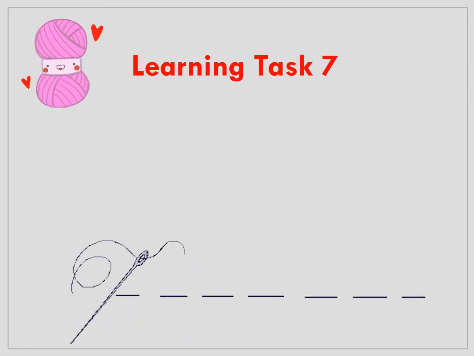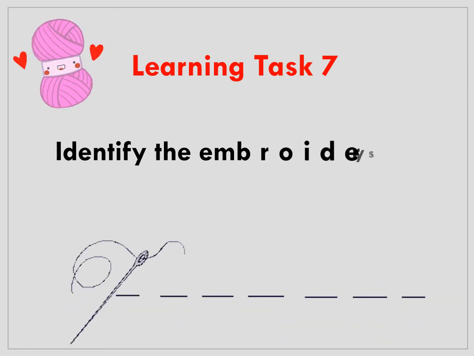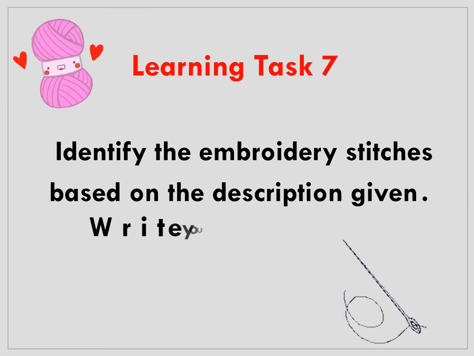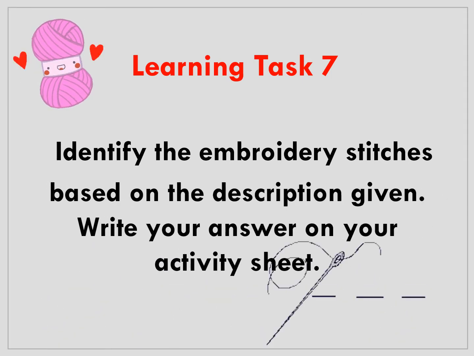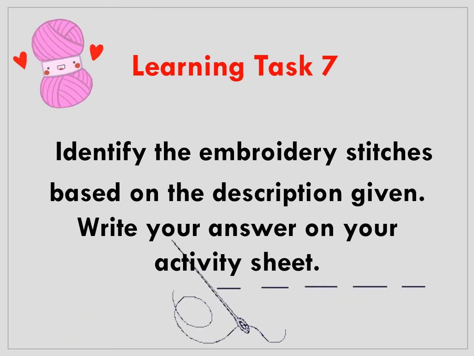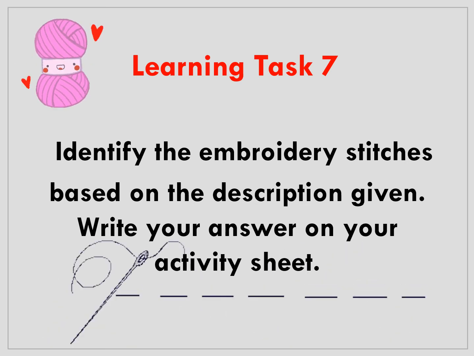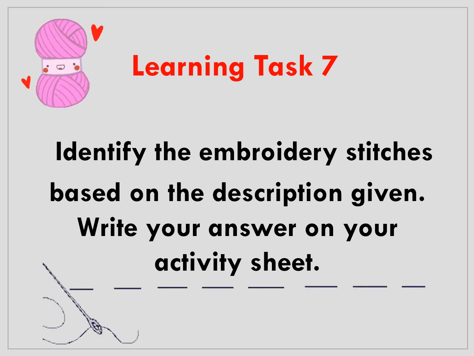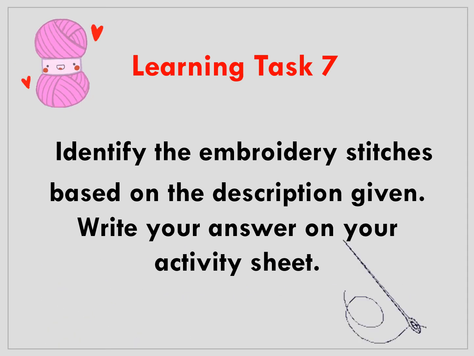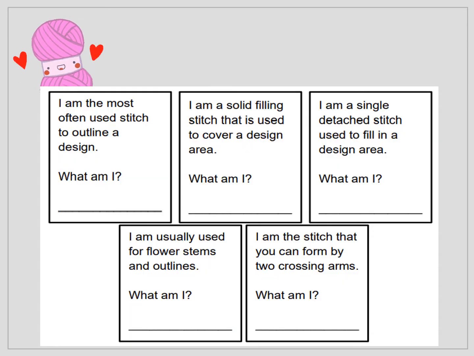For learning task number 7, identify the embroidery stitches based on the description given. Write your answer on your activity sheet. I am the most often used stitch in outline design. What am I? I am a solid filling stitch that is used to cover a design area.